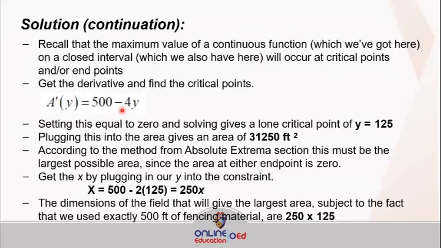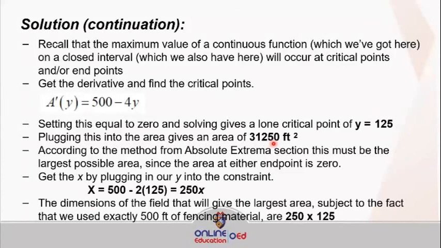Okay. So we got the first derivative, and we need to know the critical points. Setting this equal to 0 and solving gives a lone critical point of y equal to 125. And plugging this into the area gives an area of 31,250.